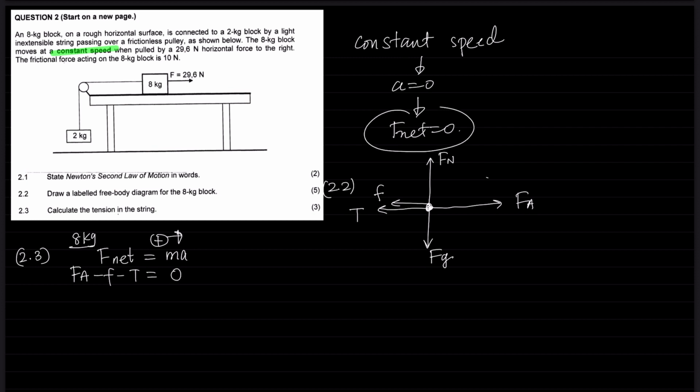Remember, we said at the beginning, F net is 0 if it's a constant speed. Now we know FA is 29.6, we know friction is 10, then minus tension is equal to 0. That means 19.6 newtons is equal to tension. So a 3-mark question, you get a mark for formula, for substituting, and for your answer.